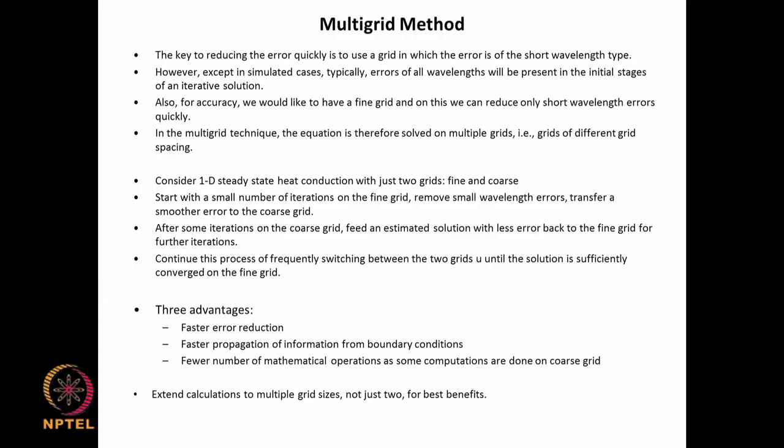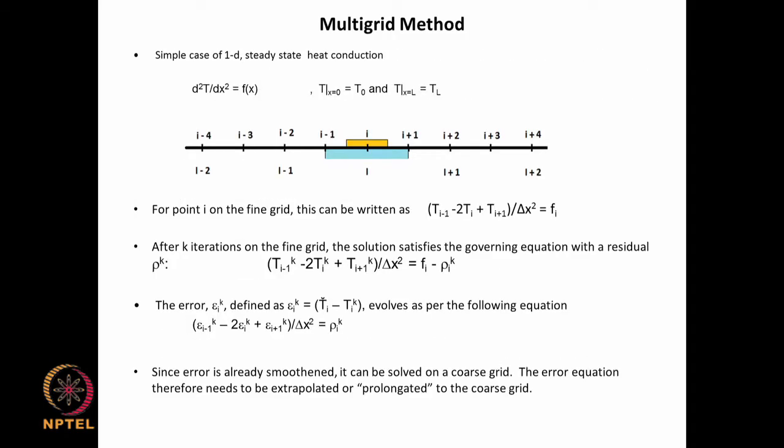This multigrid can be extended to multiple grid sizes, not just 2, and the more grids that you have, the better will be the benefits. So, let us just see how it works for a 1D problem.